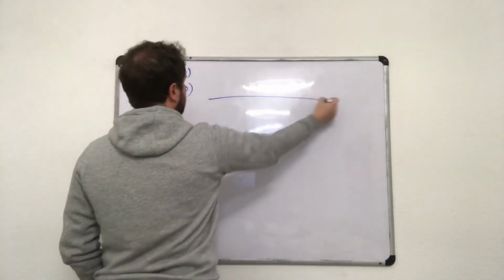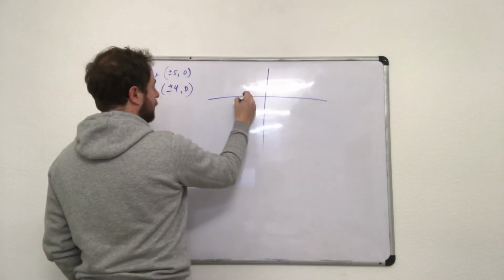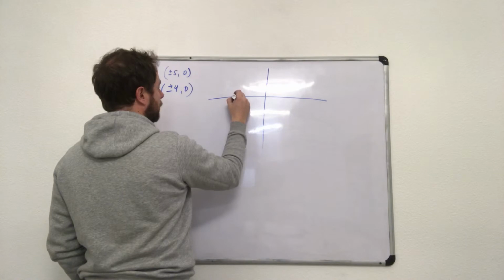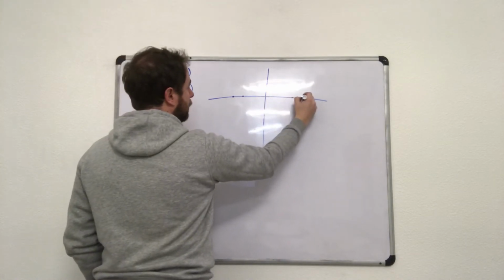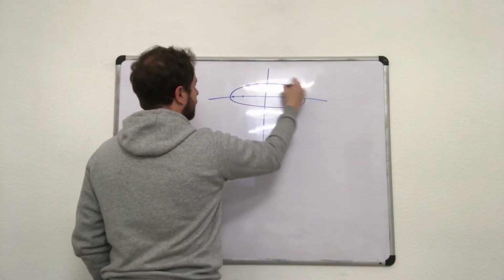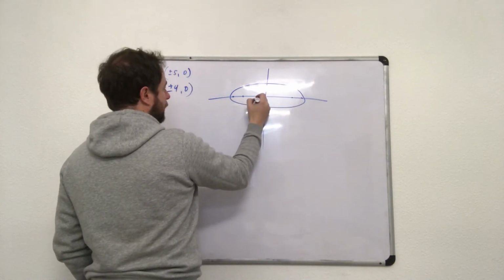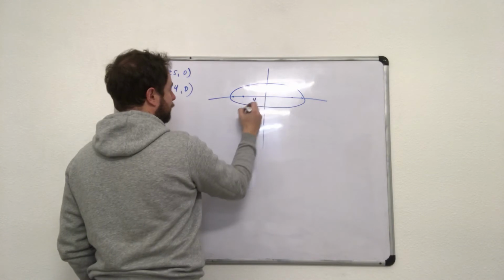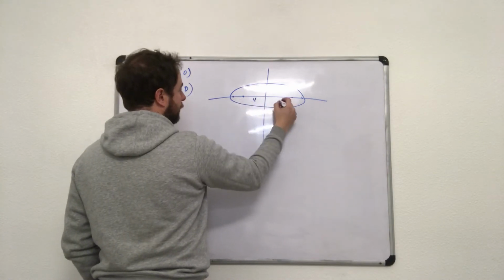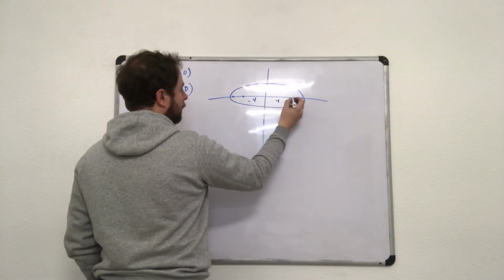Now, you're going to have 4 and you're going to have 5. So it's going to be an ellipse that is obviously horizontal like this. And this is the foci, and it's 4.